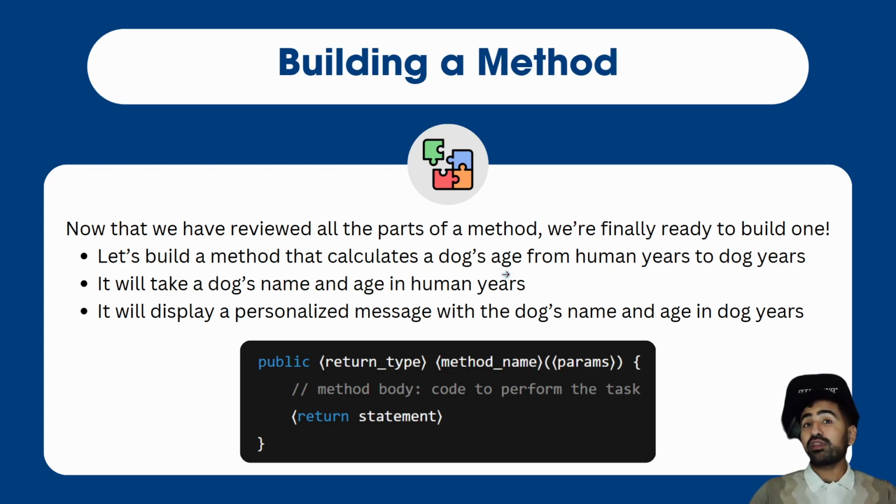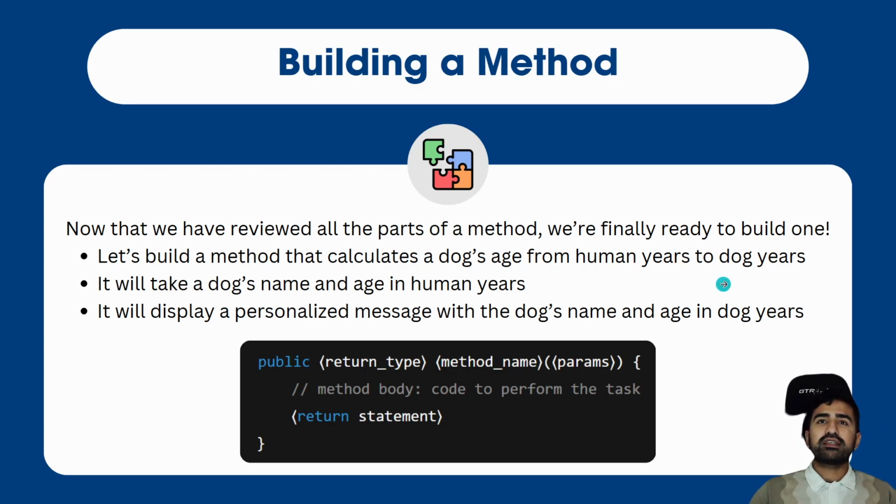And because dogs don't live as long, you have to multiply it by a certain number to calculate their true age. So that's what we're going to do with this method. It'll take a dog's name and age in human years, and it'll give a personalized message with the dog's name and their age in dog years, right? Their real age. Really, it's like a relative age.